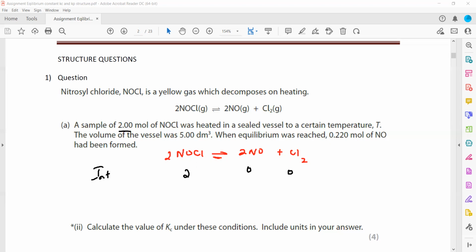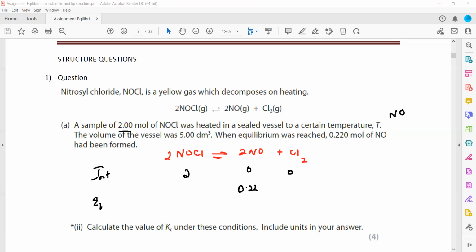But when the reaction occurs, we have 0.22 moles of NO. Now, we want to find how many moles there are at equilibrium. First, if this many moles of NO are produced, how many moles of NOCl reacted?